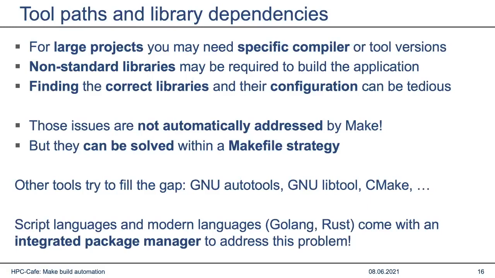I already said those languages, it's not only a compiler, it's a complete ecosystem. And because that's such a hard problem, they enforce certain conventions on you, and together with the package manager and the built-in build tool, they solve this problem. Yeah?